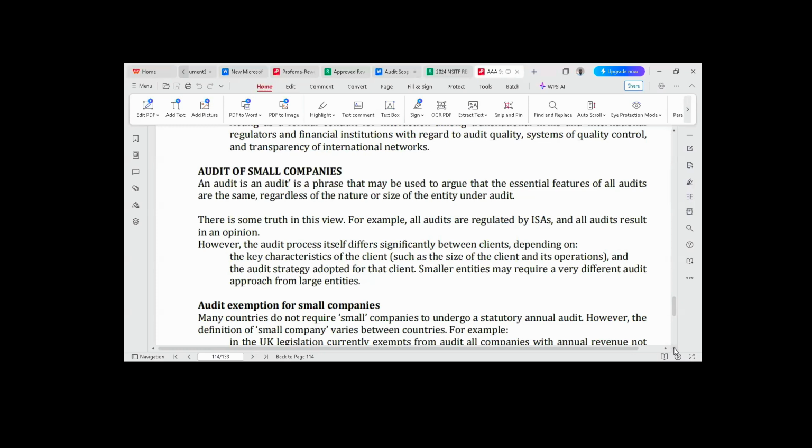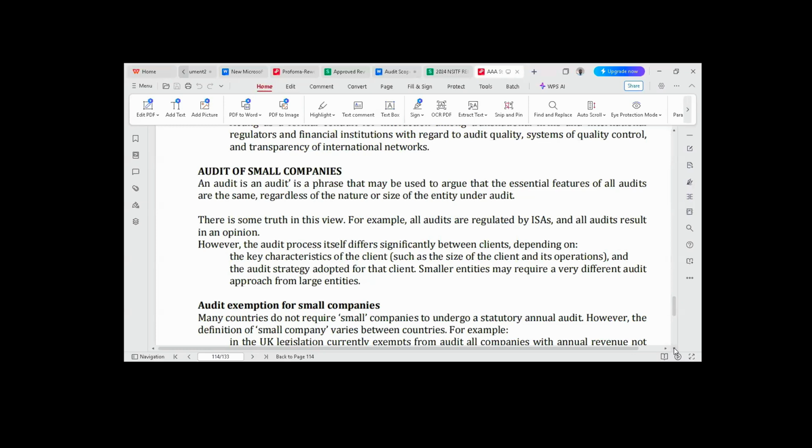Any company that has a turnover of, I think, less than 50 million is a small company. You only have a small company and a large company now. Those whose turnover is above 50 million are seen as a large company.